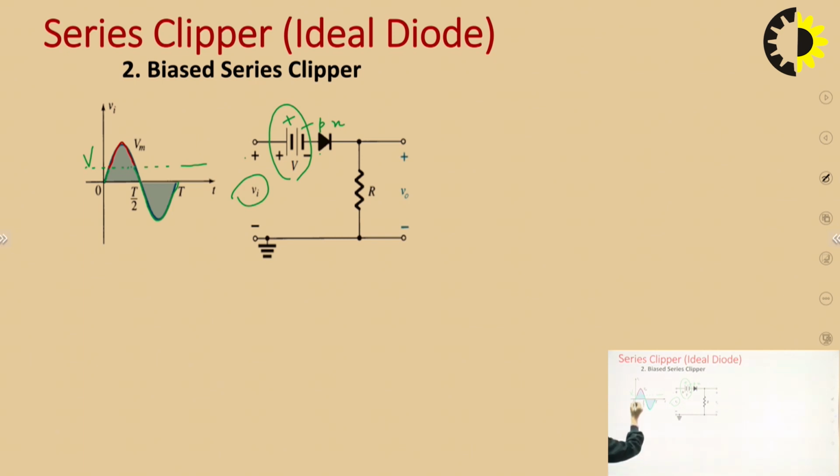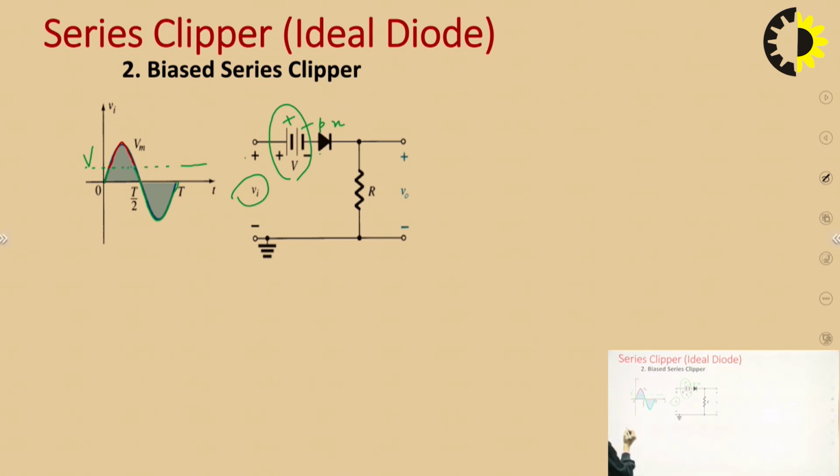Okay, so for these green portions, the diode is obviously reverse biased, and only for the red region of the input waveform, the diode will be forward biased, because the input voltage is greater than the DC voltage V. So we have two cases: input voltage is less than V and input voltage is greater than capital V. Since it's an ideal diode, we will put the diode in short circuit when it is forward biased, and we will put the diode in open circuit when it is reverse biased, because it is an ideal diode, right?